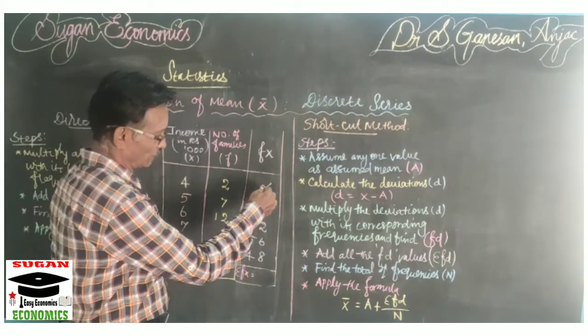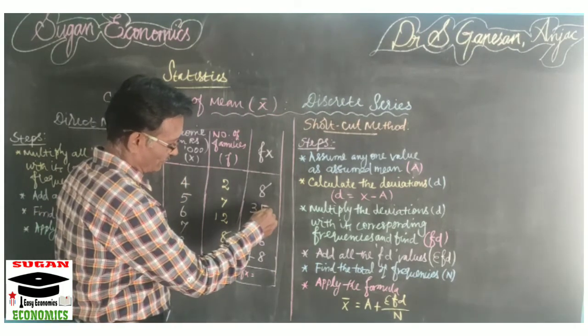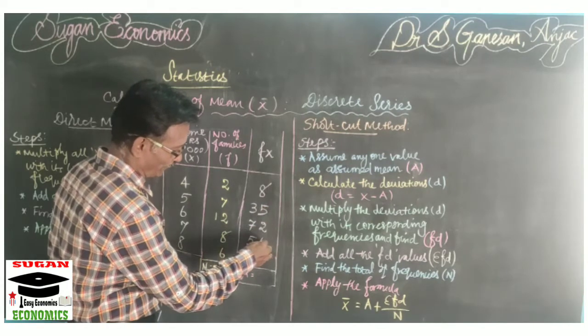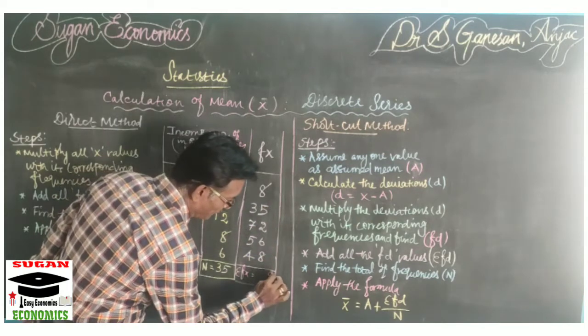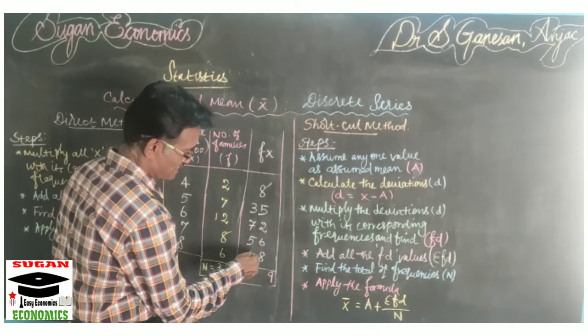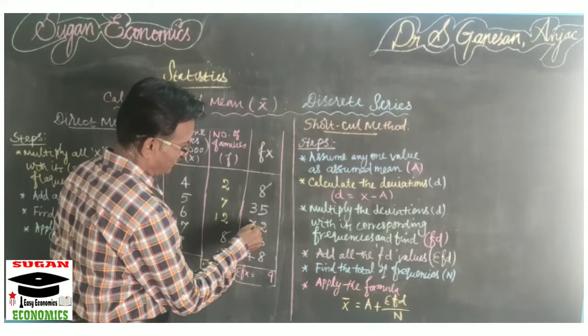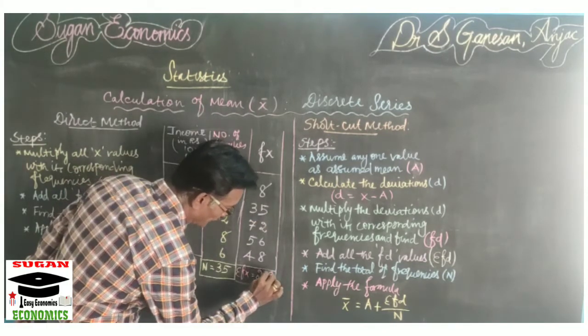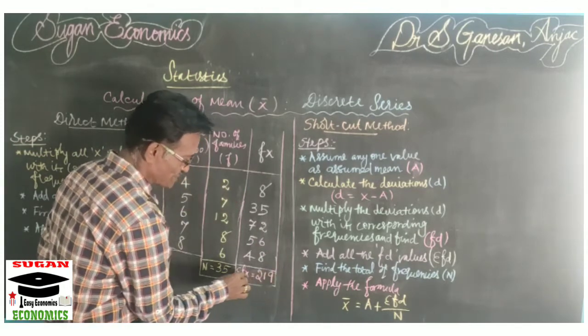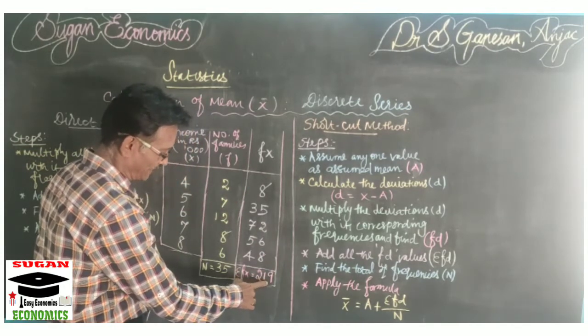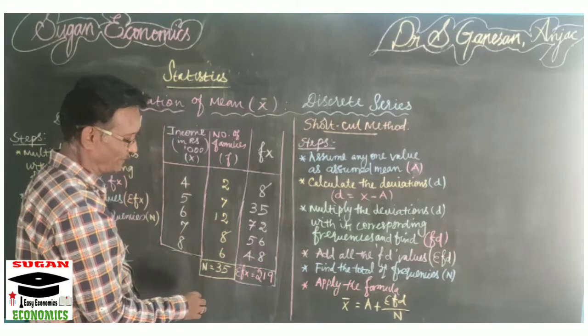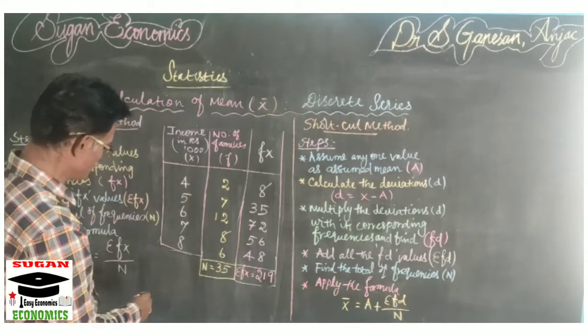Now we can take the total of the fx values, which is 219. So sigma fx equal to 219 and n equal to 35. Now we have to substitute the values in the formula.